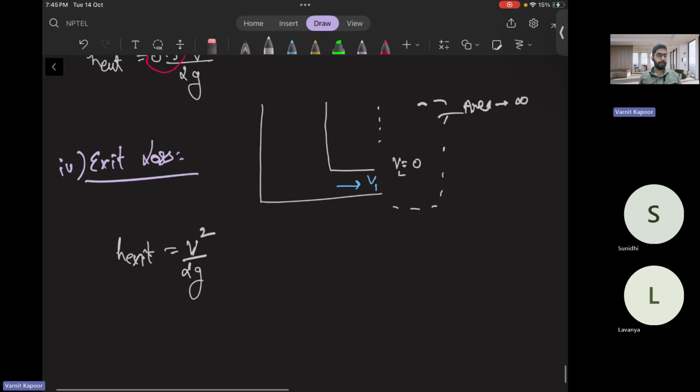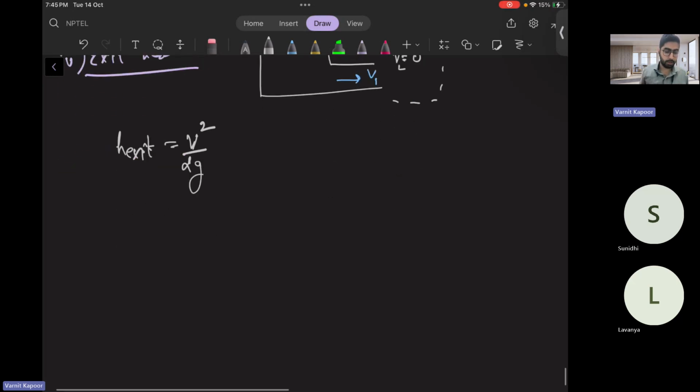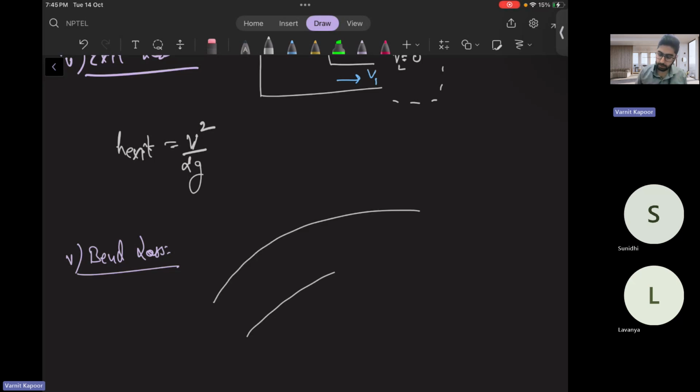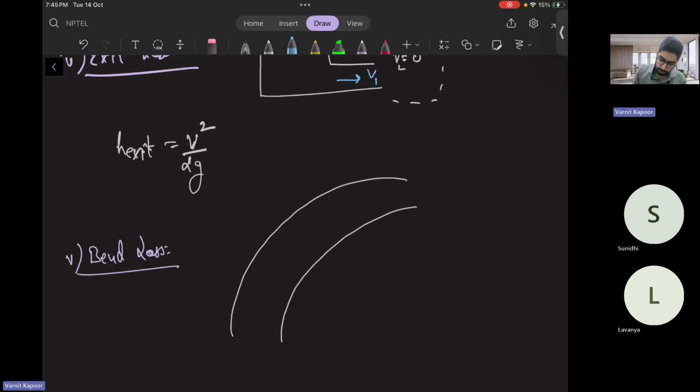Then we have a bend loss. Why will there be a bend loss? Let us understand one thing. Suppose the pipe is bent. Initially the fluid was flowing straight and wanted to travel straight, but because of the bend, it has to turn. So there will be a redistribution of pressure and velocity from inside.